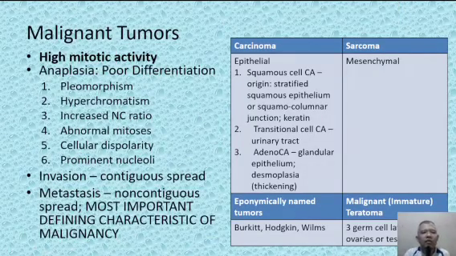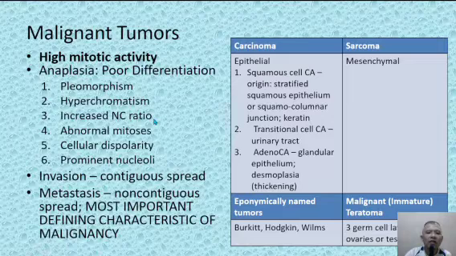Malignant tumors are tumors that have high mitotic activity. One property is anaplasia. Anaplasia is synonymous to poor differentiation, as indicated by the following. You have pleomorphism, different shapes, hyperchromatism, increase in the nuclear density. You have increased nuclear cytoplasmic ratio.